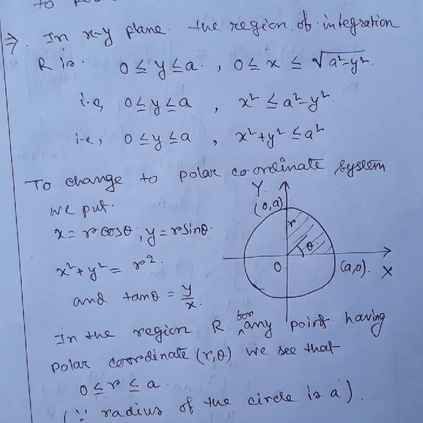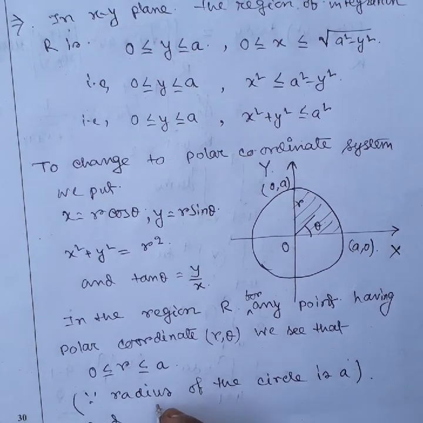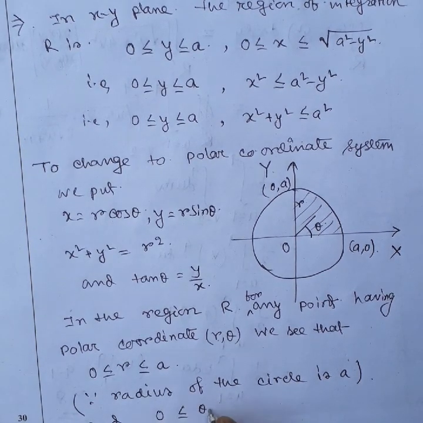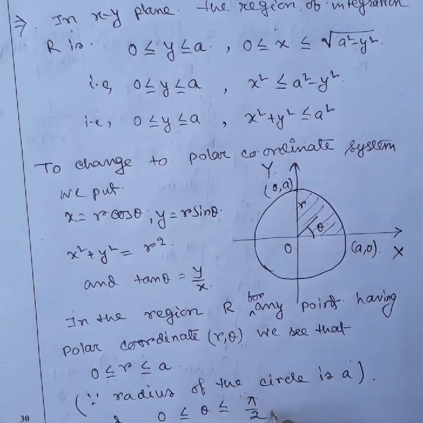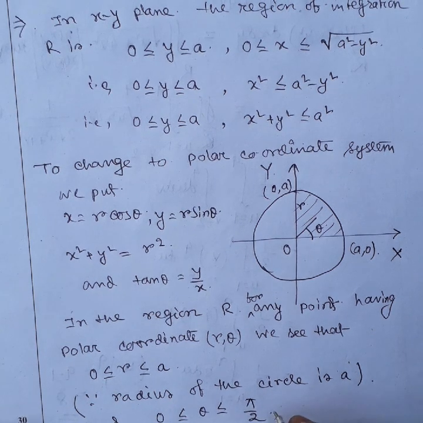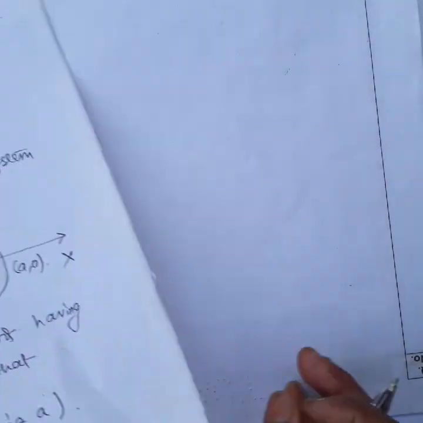Okay, and theta varies from 0 to pi by 2. So the point can lie in the first quadrant of the xy plane. Clear?